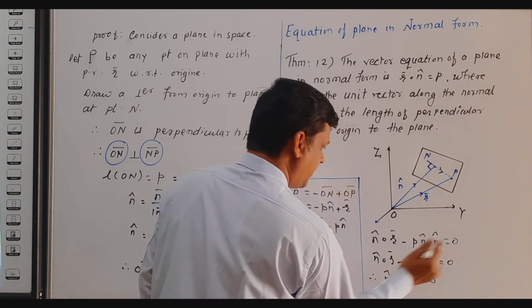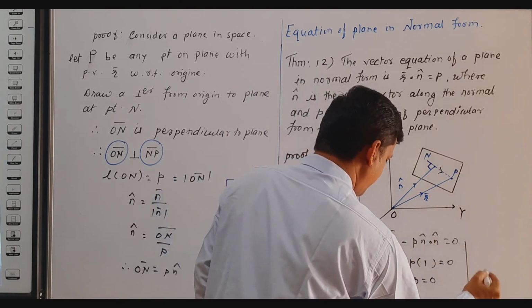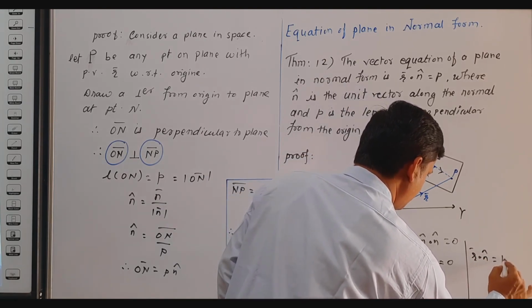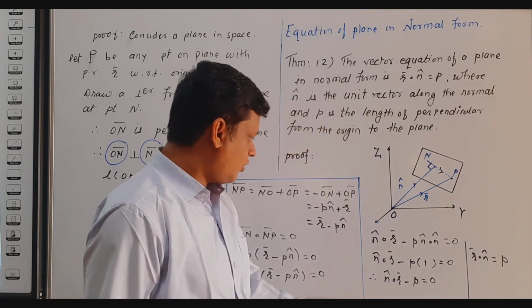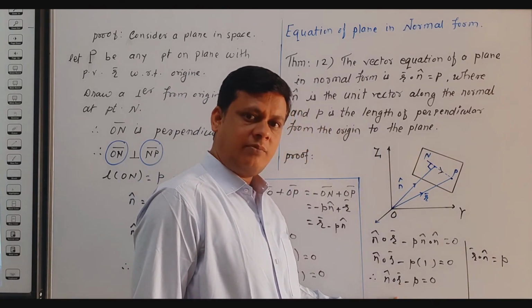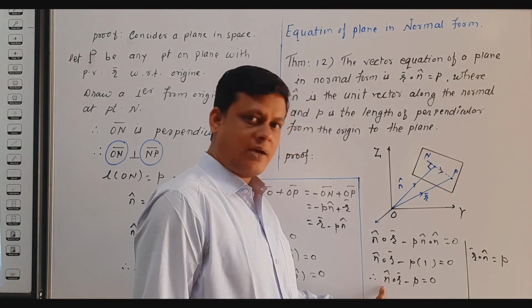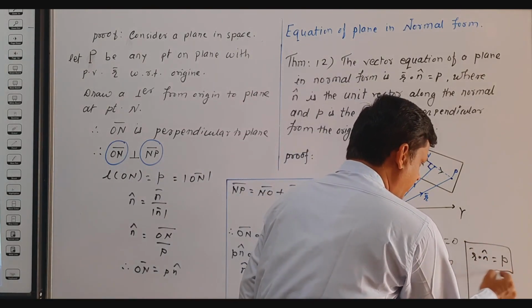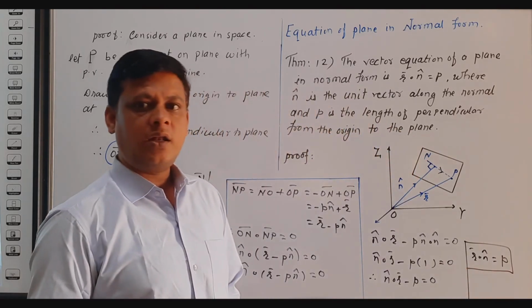We transfer this p to the right hand side and get the required form, r bar dot n cap equals p, because n cap dot r bar can be written as r bar dot n cap, as the dot product is commutative. So this is the required equation of the plane in normal form.